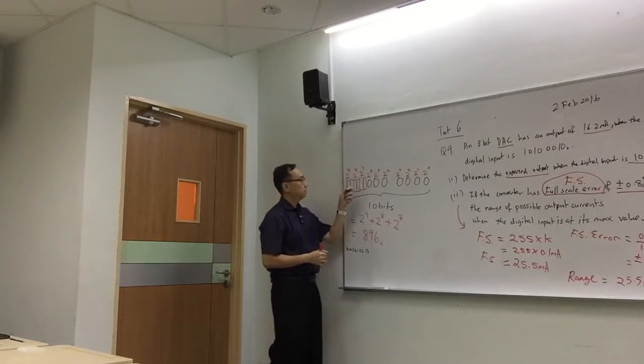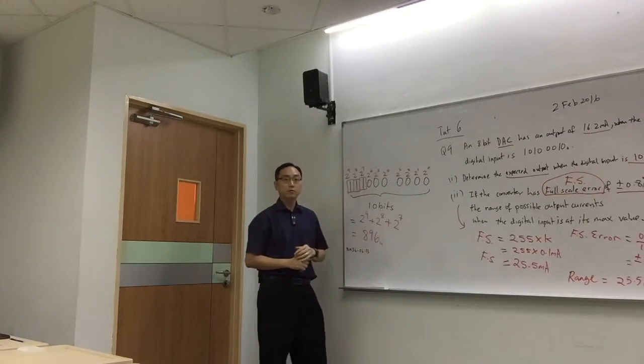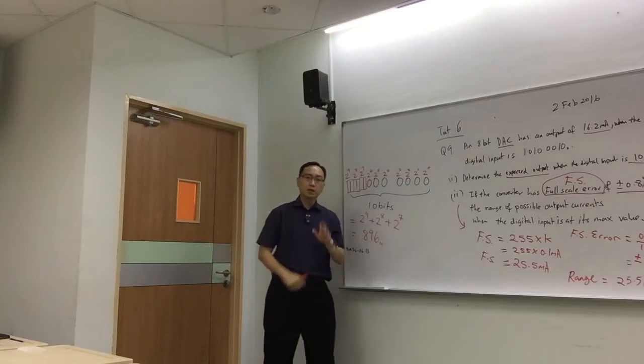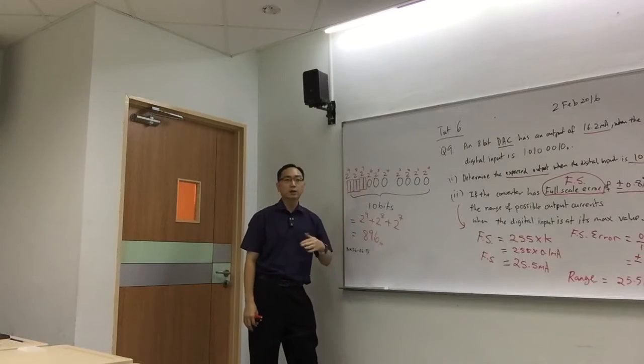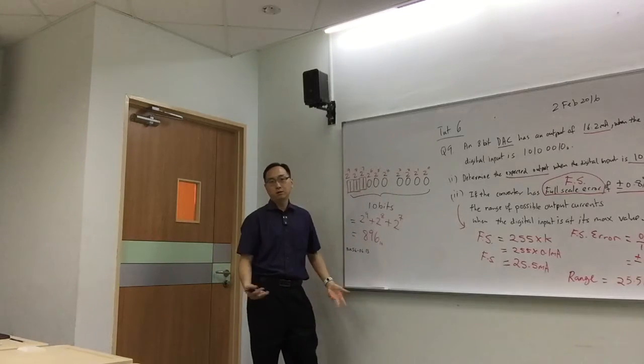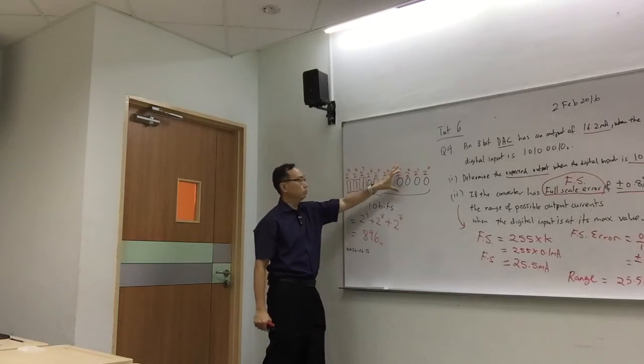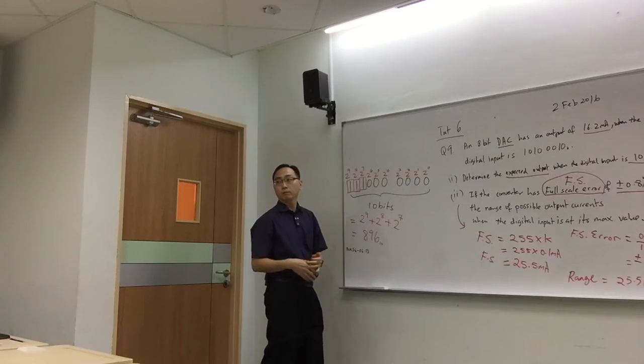Likely we will not give you 6 bit, that is too simple. We'll give you at least 8 bit, 9 bit, 10 bit. So make sure you are familiar with how to calculate this one. Very important.